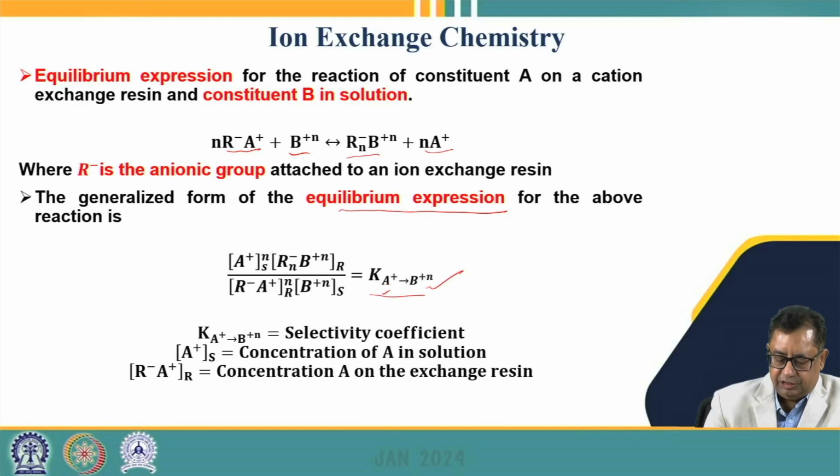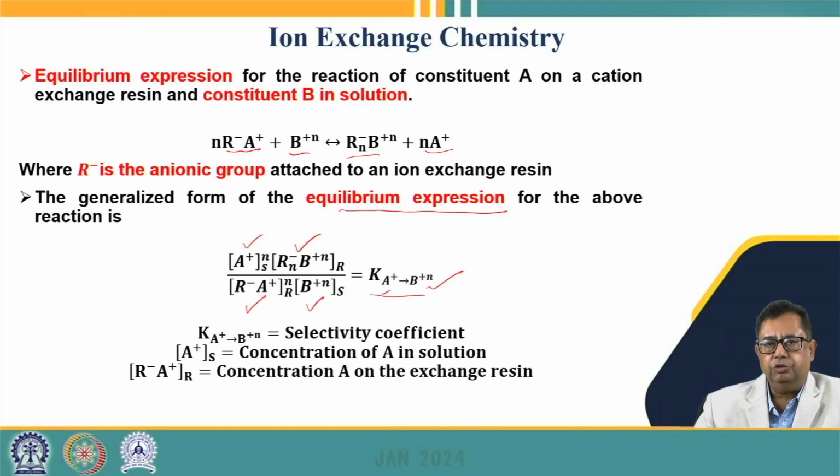This can be represented by A plus in the solution times B n plus on the resin, divided by R minus A plus on the resin and divided by B n plus in the solution. This value of the equilibrium constant represents the selectivity coefficient, and these are the concentration of A in the solution, and R minus A plus represents the concentration on the exchange resin.